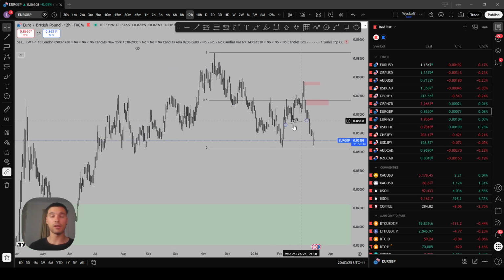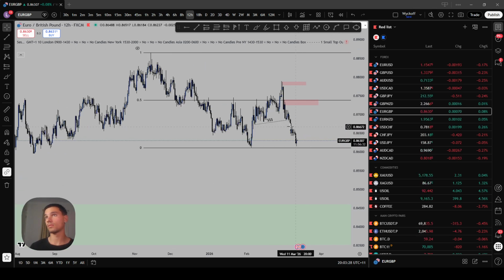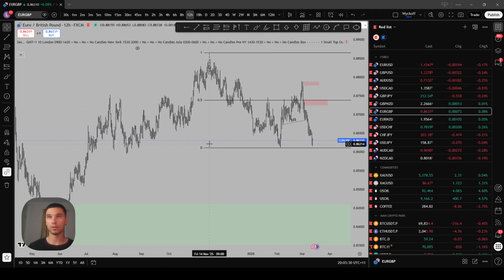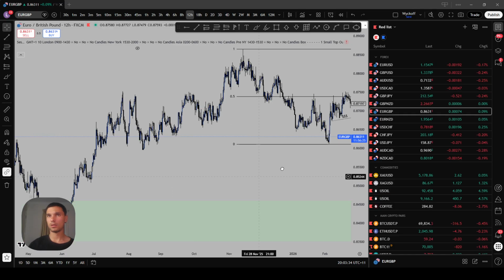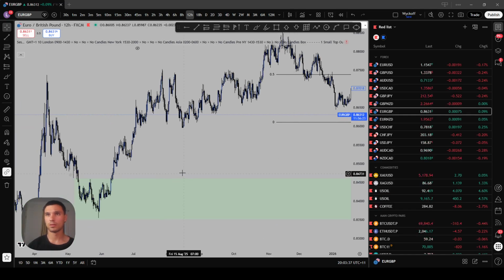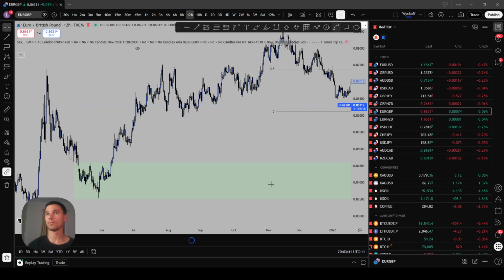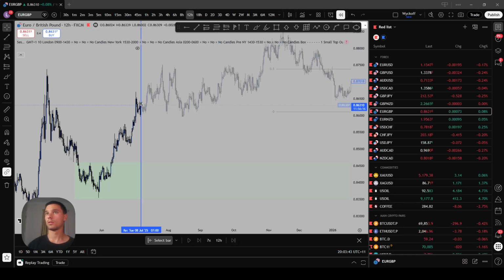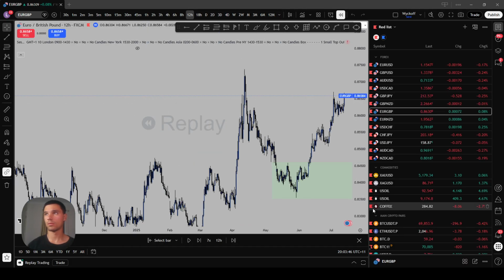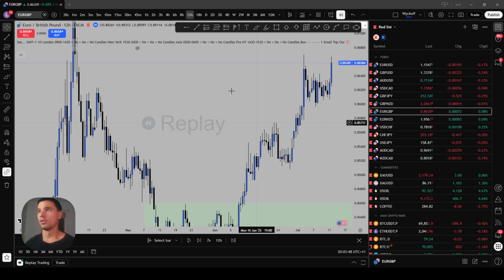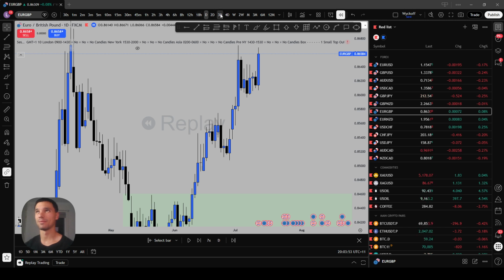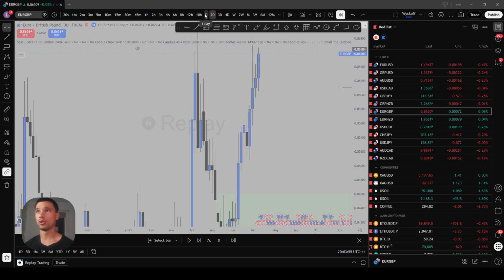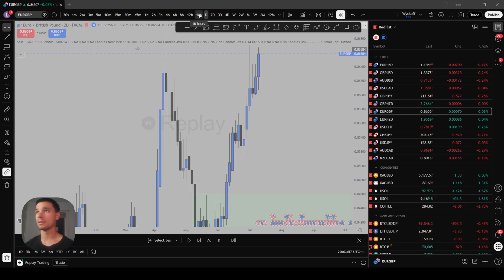Swept these lows, which was very nice to see. Trying to see if we have any form of demand in here. Doesn't look too clean at first glance.